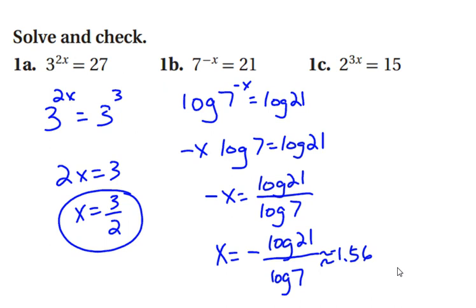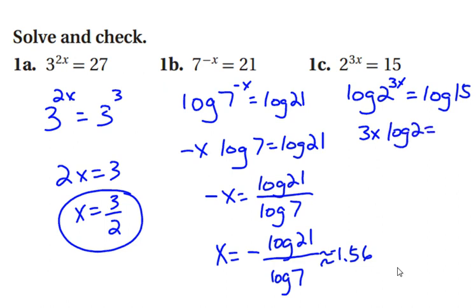Same deal on part C. We have 2 to the 3x equals 15. There's no way to write 15 as a power of 2, so we're going to have to deal with taking the log of both sides. Log of 2 to the 3x equals the log of 15. Power property, 3x comes out front, times the log of 2, which equals the log of 15.